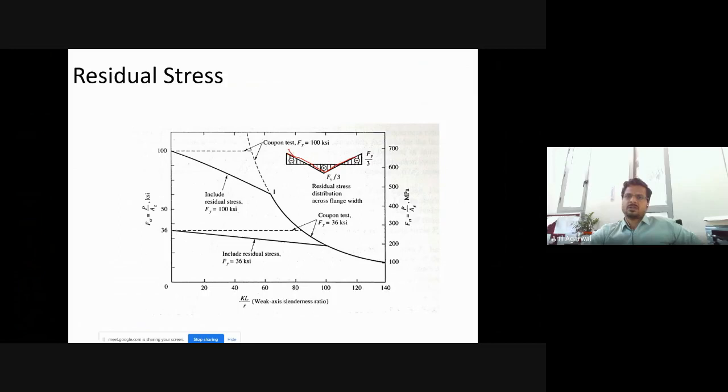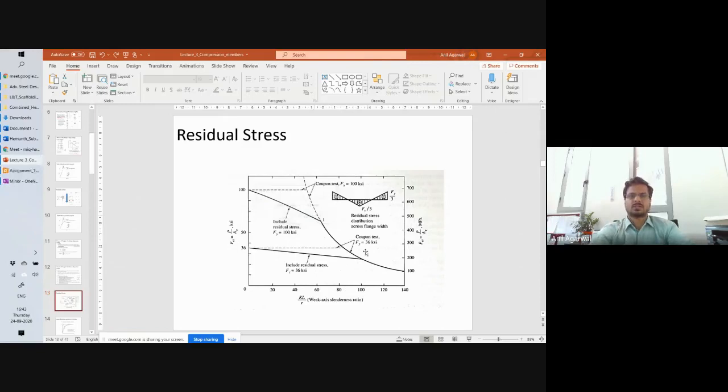They will always be either this or something like that, and that will change the shape of this function. So it may be sometimes slightly like this, sometimes it may go slightly like this. So it may not exactly be a straight line. It is turning out to be a straight line because we assume that the residual stress is varying as a straight line.